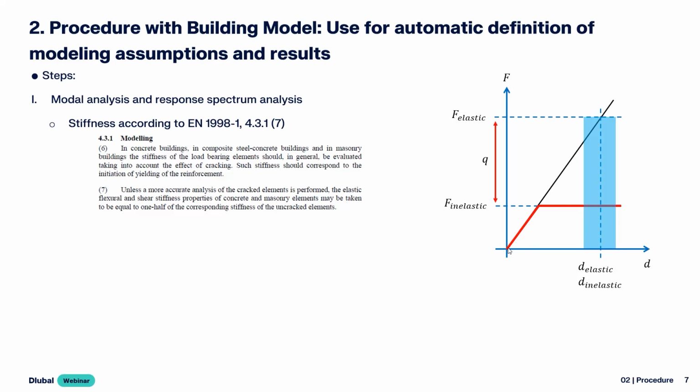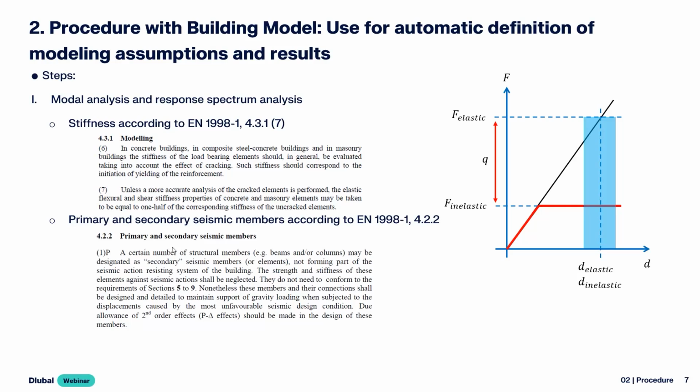If we say the red line is the actual response of the building, at this point we expect some reduction in stiffness, and the recommended value is half of the corresponding stiffness of the uncracked element, for shear and for flexural stiffness. For both of them we should consider the half.